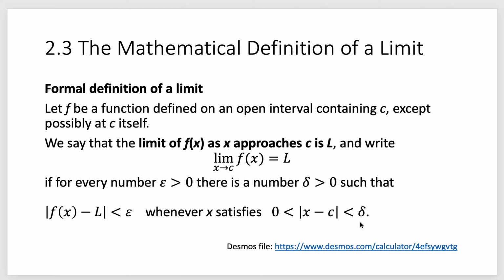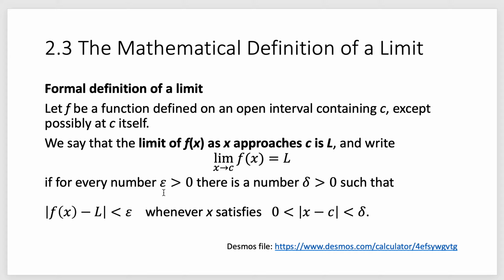You might want to rewind that and hear me say it again. I'm using absolute value and subtraction to talk about the distance. Whenever a number x is between 0 and delta units away from c, then f of x is within epsilon units from L. And I can do that for any epsilon.